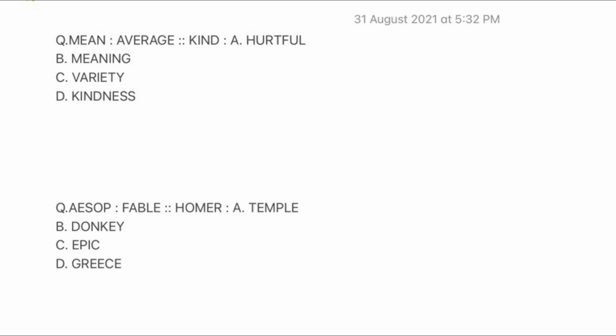Homer also wrote stories, so it can't be donkey, it can't be temple, it can't be Greece, it is epic. You would have heard of Homer's epic. An epic is also a series of stories written by Homer. These are the things you need to make notes of, so that it will be useful while you give the exam.